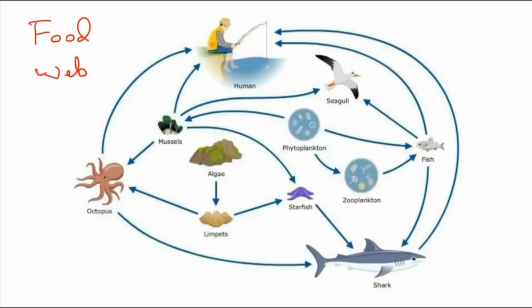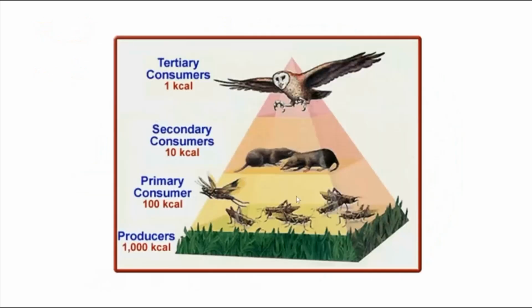Okay. Now, on land, this is what we often have. This is called a food pyramid. Now, terrestrial food webs are often described as being like pyramids because they start at the bottom. We have lots and lots and lots of plants, right? In this case, the plant is grass, but we've got lots and lots of them. And then they get eaten by herbivores.